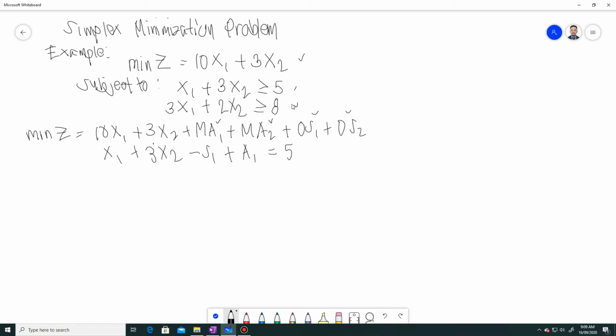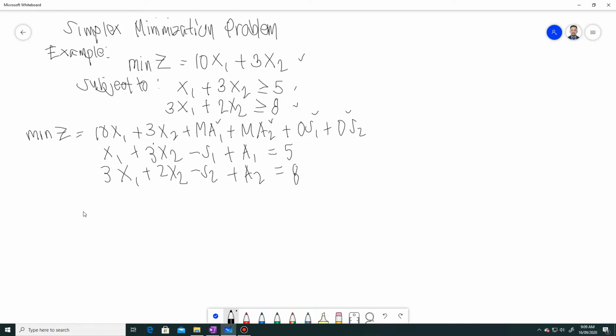For the second constraint we do that also. We include s2 and a2, equals 8.